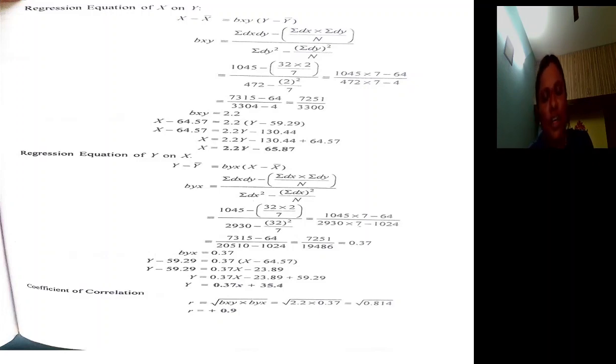Now for the regression equation y on x, they arrived at byx as 0.37. So y minus y bar, that is 59.29, is equal to 0.37 into x minus 64.57, which gives 23.89. So they arrived at y as 0.37x plus 35.4. So these are the two regression equations.